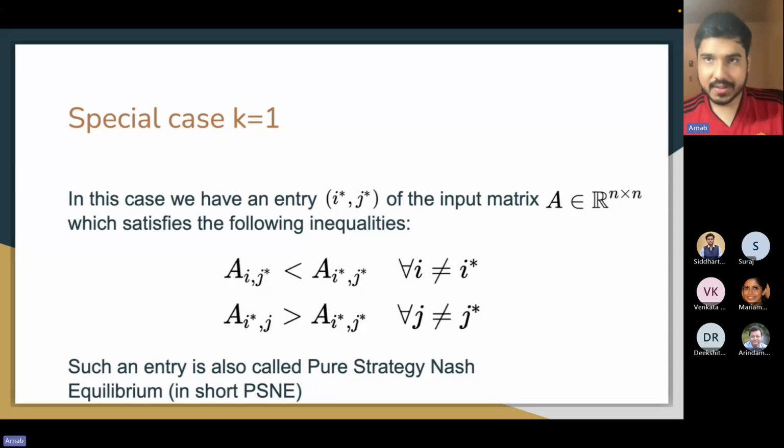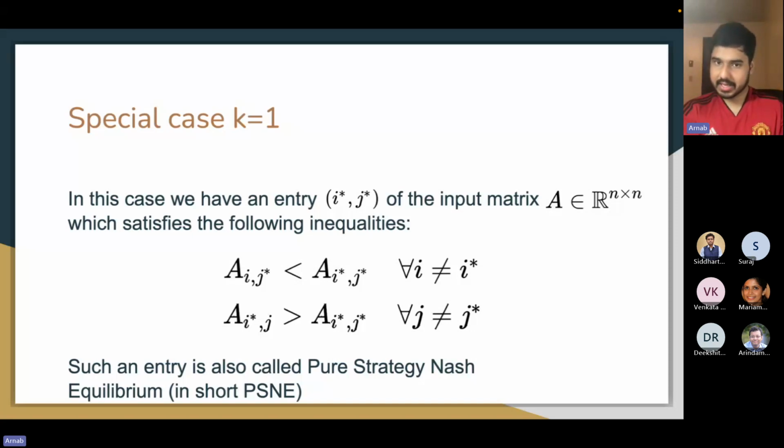So you have an n by n square matrix. The question is, can you find this entry in, say, n log n queries? Without looking at the entire matrix, which has n squared elements, can you find this special entry if it exists? Verification is quite easy.